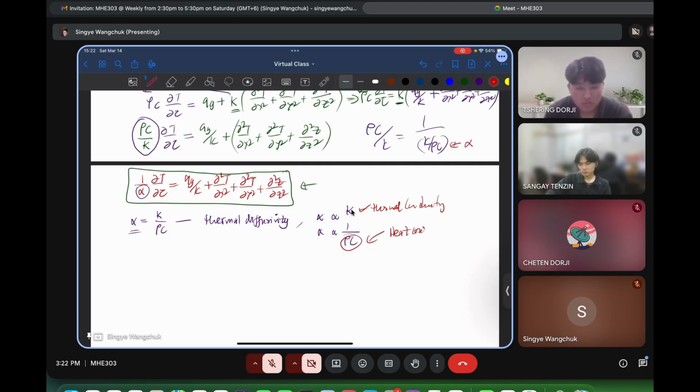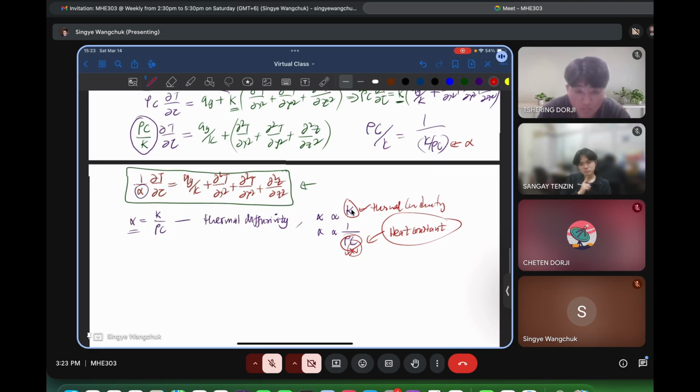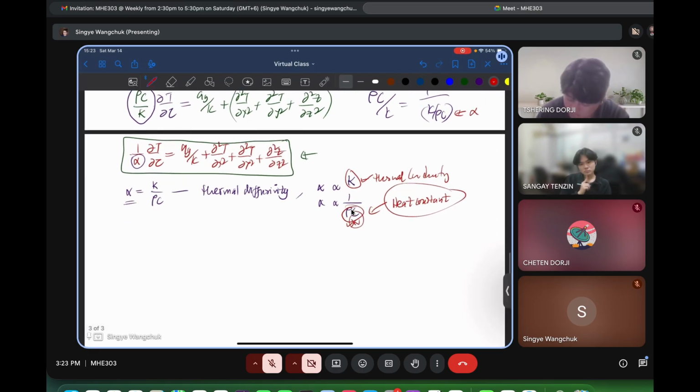If you take the specific heat capacity of the material times the density of the material, this is called the heat constant of the material. You should know that k and rho c are material properties, so each material will have a different value. Alpha is directly proportional to thermal conductivity and inversely proportional to heat constant.